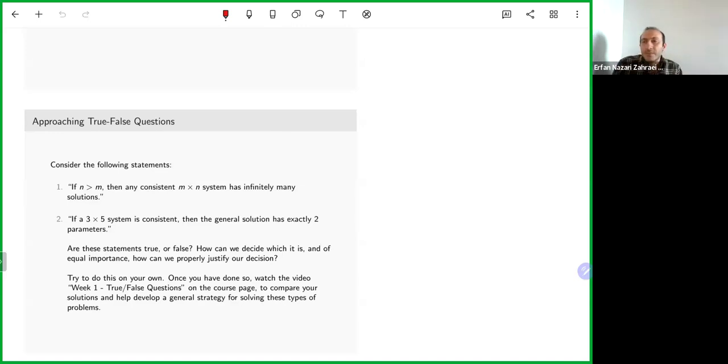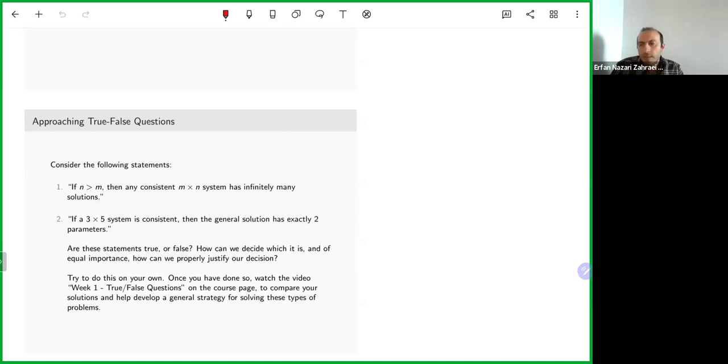But the best practice for true false questions is to do a lot of them. In our textbook, every section has one problem with multiple parts that is just true false questions. And I will also give you a long list of true false questions to practice. So the best way to get fluent in true false questions is practice.